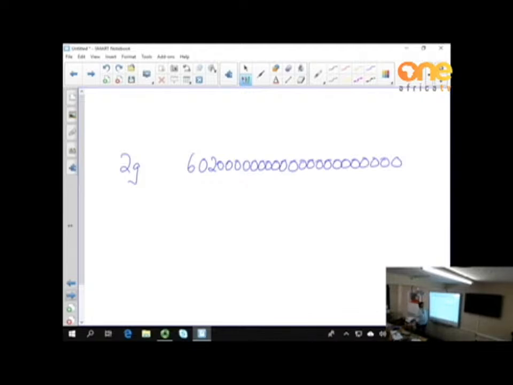So 2 grams, I mean, that's tiny. It's a tiny amount. But look how many molecules of hydrogen I will have. So these particles are very, very small. They are so small, they almost don't exist.